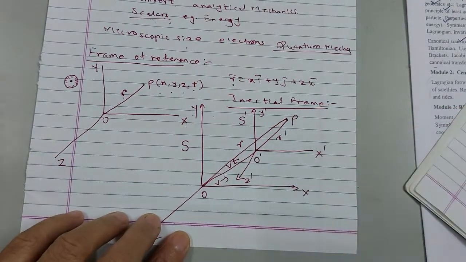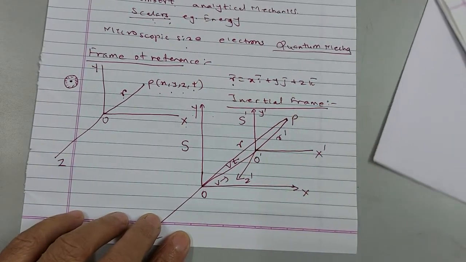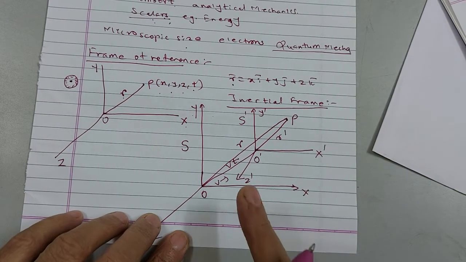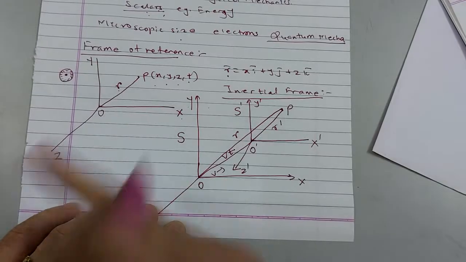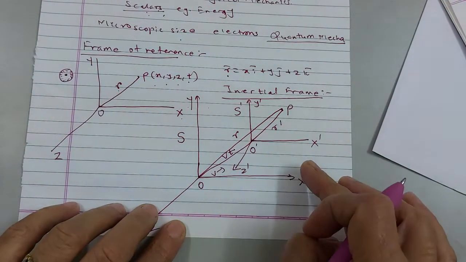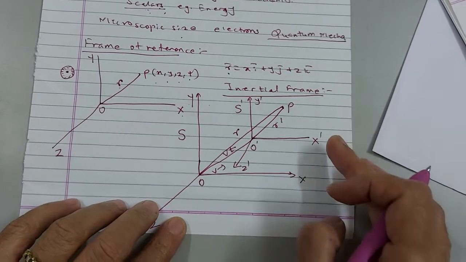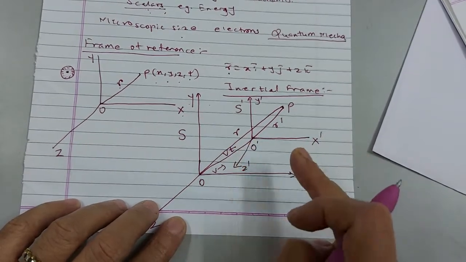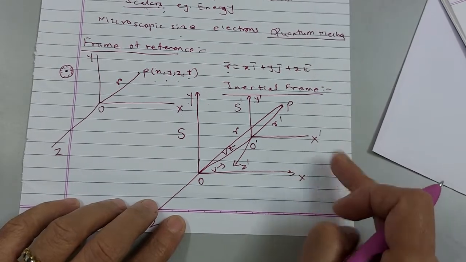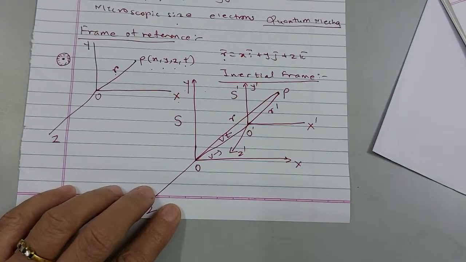Done. So what I want to say in this case is that Newton's laws of motion are valid in a reference system, which we know is known as an inertial frame. So what is an inertial frame? An inertial frame is one in which the law of inertia holds true, which means the first law of motion holds true.